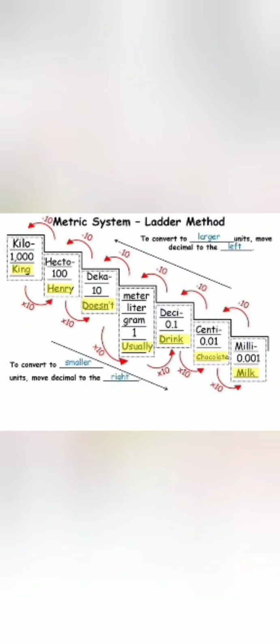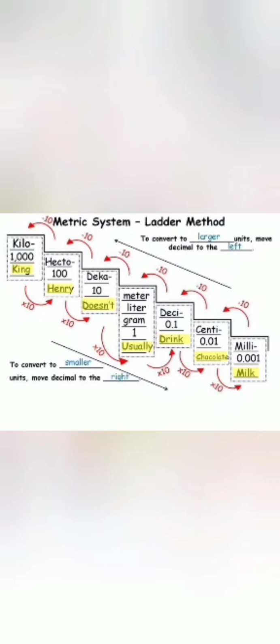The U there, which is usually, can be taken as either of the base units. You have the meter, the liter, and the gram. This serves as a major guide when we are converting from kilograms to grams and the likes. Now, if you look at it very well, you see that to convert to smaller units, you move to the right, while to convert to larger units, you move to the left.